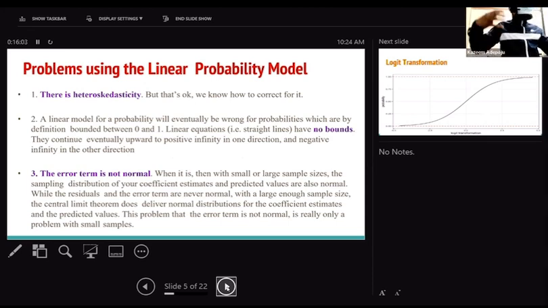When you use an inappropriate model, what is going to be the consequence? The consequence is assumption violations. And that is basically how we know whether a particular model is appropriate or not.